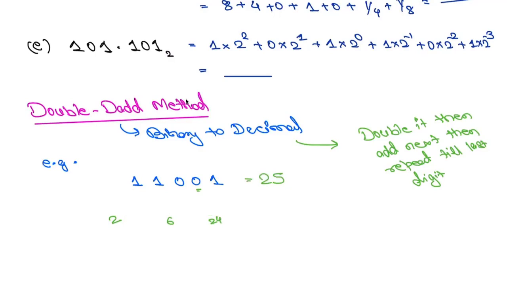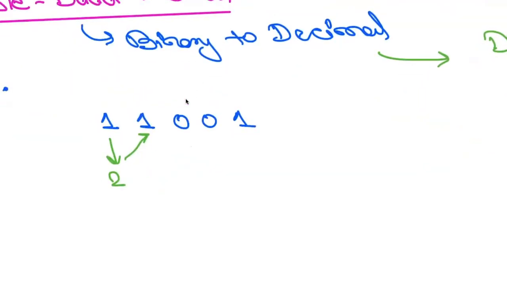One more time. Double it, 2. Good. Then add 1, it will become 3. ऐसे कर लेते हैं, 3. Then double it becomes 6.